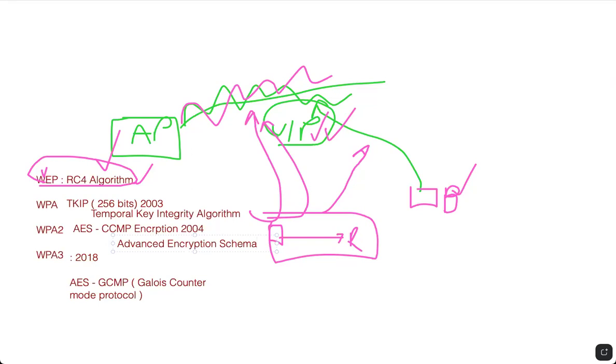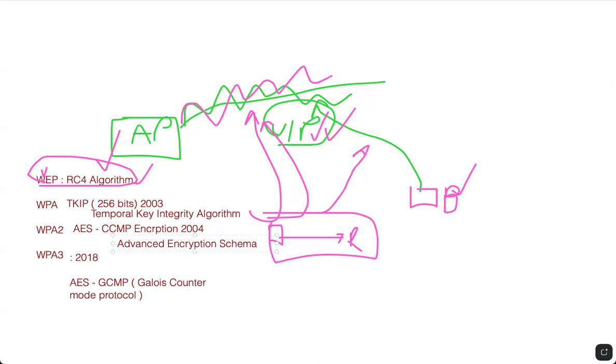It is also not as secure as the GCMP. So they went with the GCMP, which is more secure. WPA3 is the best and most secure one, with 128-bit, 192-bit and 256-bit encryption with better security. So that is how wireless protection is done in real time.